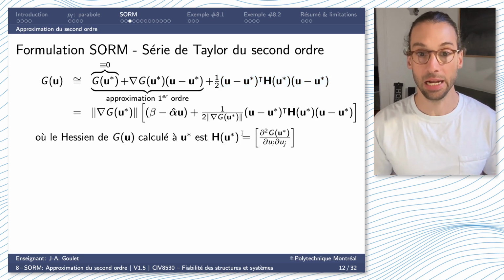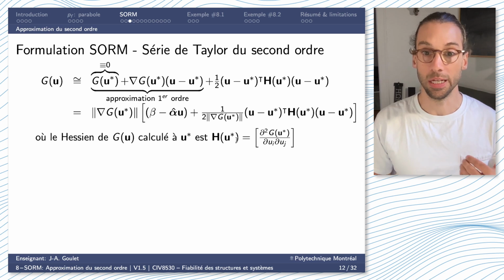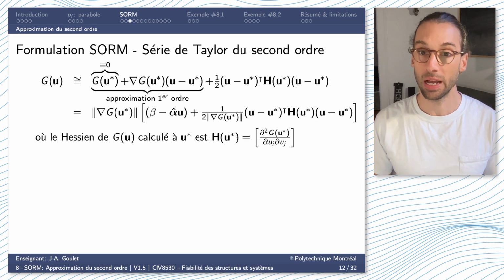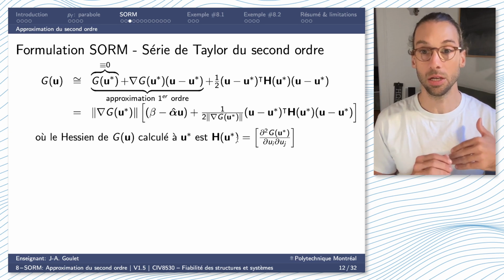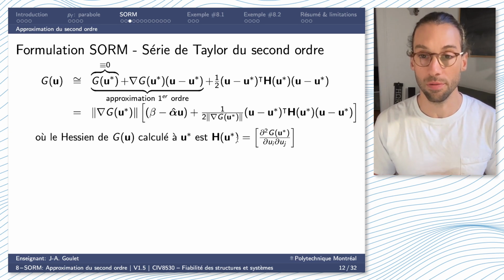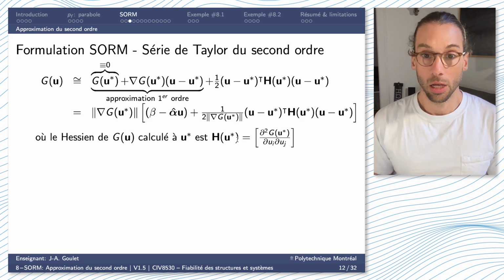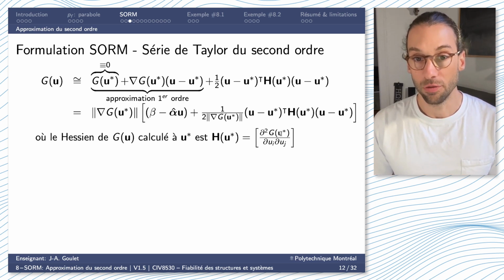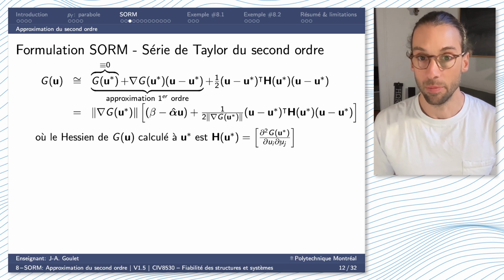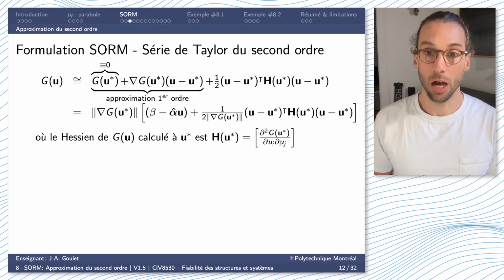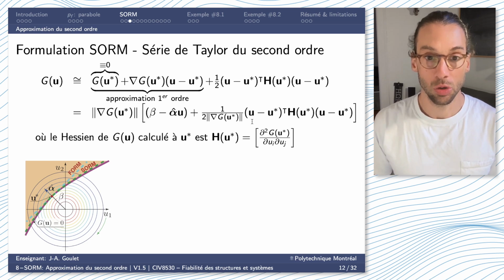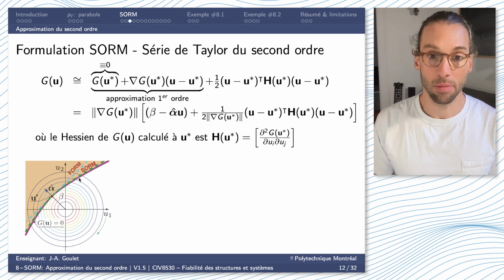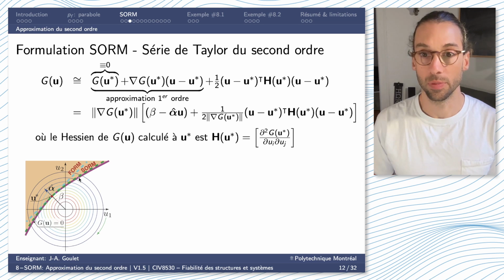And where, as I said, H of u star is going to be the Hessian of my limit state function, meaning the second order partial derivative. So it's the second derivative of g of u star with respect to ui and uj for every pair of possible dimensions. So here what we have is our problem in the standard normal space.